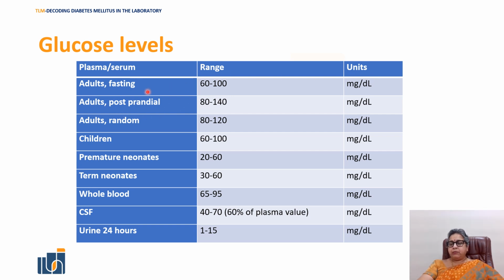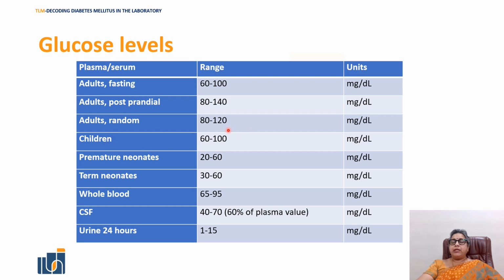Postprandial, as the name suggests, 2 hours after completion of a meal, is 80 to 140 milligram per deciliter. And a random sample, which has no connection with the meal that the patient has eaten, is 80 to 120 milligram per deciliter. So these are values that don't change in an adult patient, whether it is male or female.